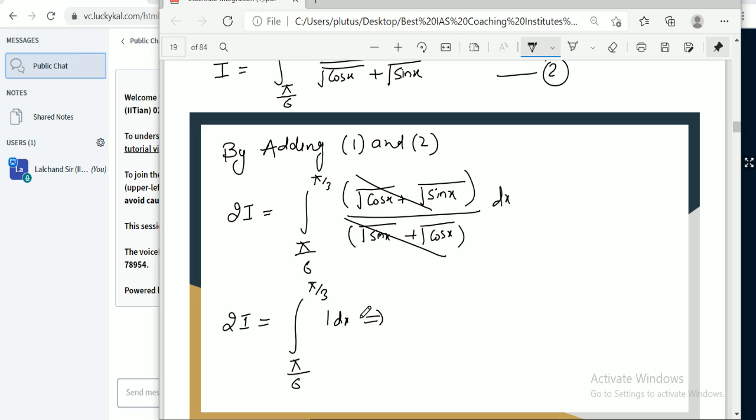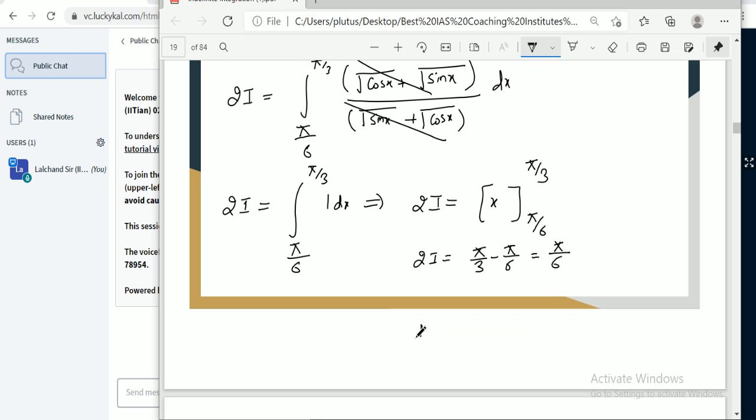If we calculate this, 2I is equal to x from pi by 6 to pi by 3. So we have 2I equal to pi by 3 minus pi by 6, which is equal to pi by 6. So the I value will be pi by 12.